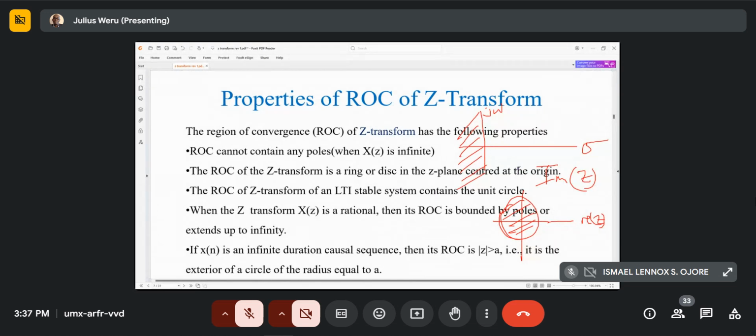I don't know whether you can see the connection if you have already done the ROC for the Laplace transform. Maybe as we go through the properties, you will see things which are similar to the Laplace transform in the analog domain.